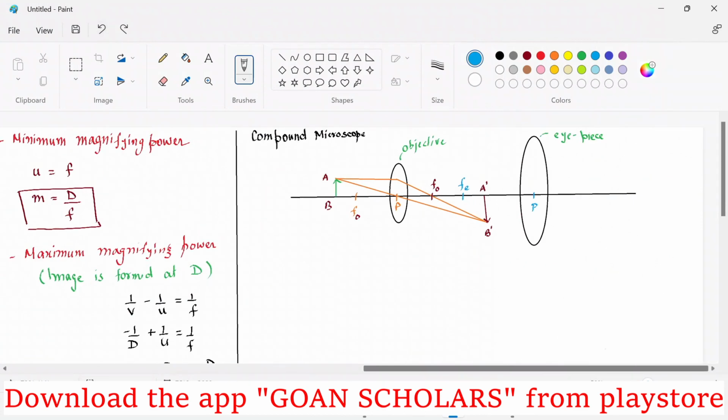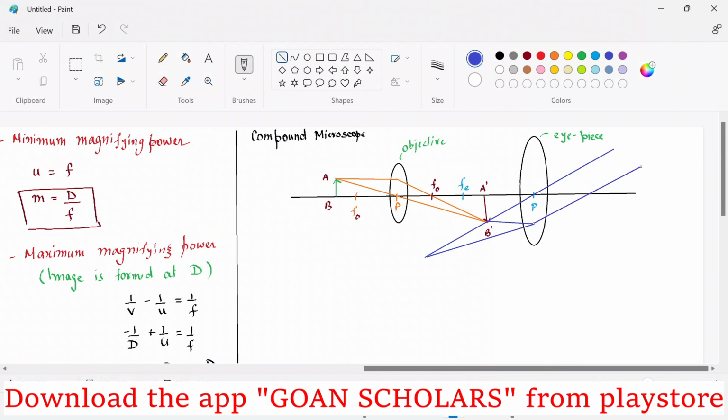So let's move and draw it. First of all, I am drawing here our ray which is passing through the pole. Let's say this is the ray passing through the pole, and then we have our second ray which is passing parallel, and we have another ray which is meeting here, converging here and going like this.